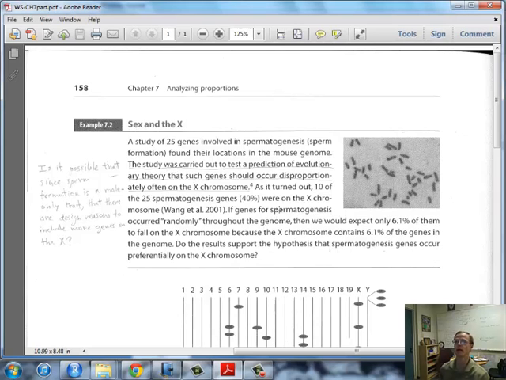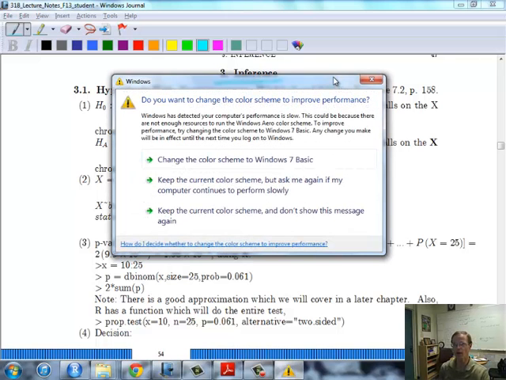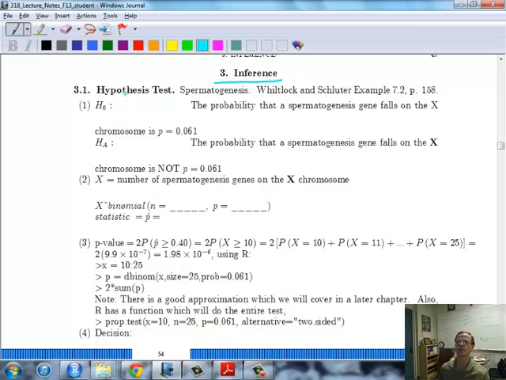But at any rate, we're getting 10 out of 25, and the random prediction is 6.1%. So let's see how that looks on the hypothesis test. Okay, hypothesis test. We're going to predict randomness, 0.061.